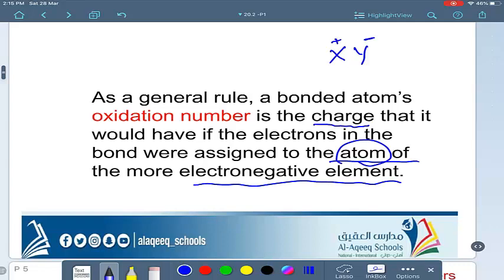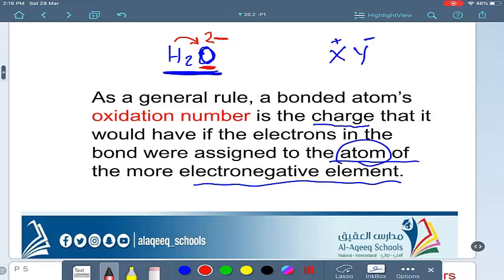Recall what we studied about H2O, the water molecule. It has covalent bonds here. The oxygen has higher electronegativity than hydrogen, so it attracts the electrons toward it strongly, and it has negative 2 charge because it has higher electronegativity.